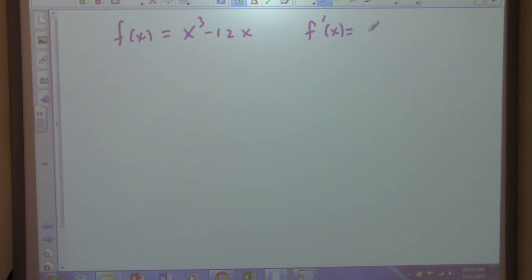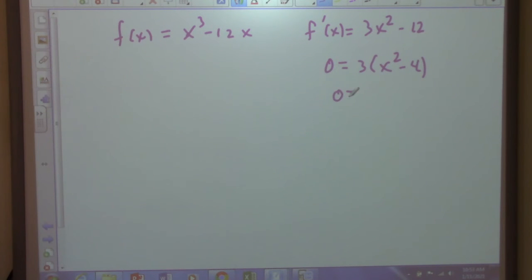So f prime of x is going to be 3x squared minus 12. Since this is where the correct answer comes from, if you set f prime of x equal to 0, 0 is equal to 3 times x squared minus 4.